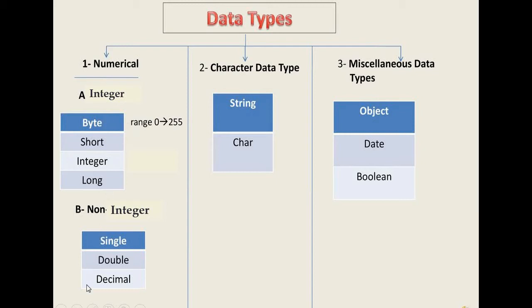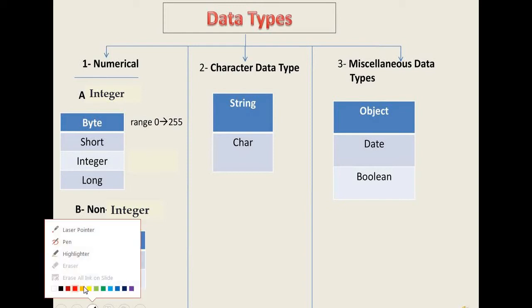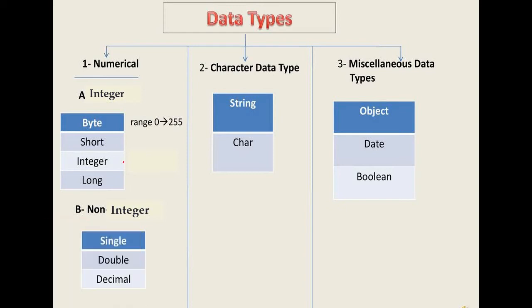Okay, let's see the other one. The other one is short. Short provides the type of data for numbers from 1 digit up to 7 digits. So the user should only enter a maximum of 7 digits, not more.